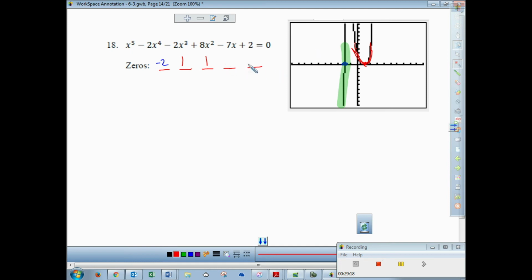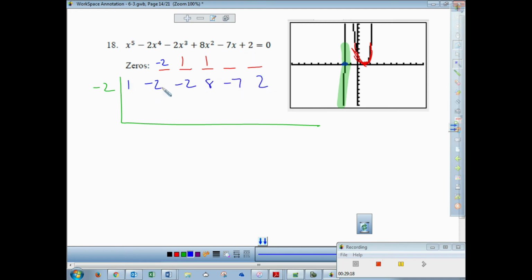It could be that the other 2 are also 1, but there's only one way to figure that out, and that is to synthetically divide. You know 3 roots for sure. It could be that this is 1 and this is 1 also, because that could be a multiple of 4. So let's synthetically divide and see what happens. 1, negative 2, 8.